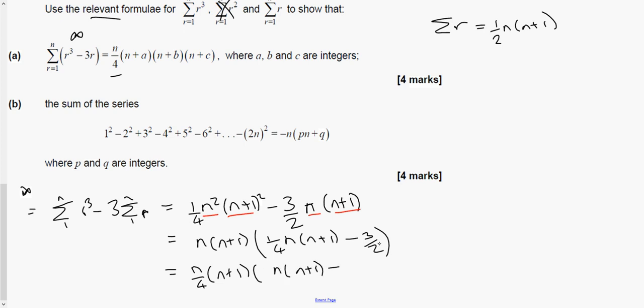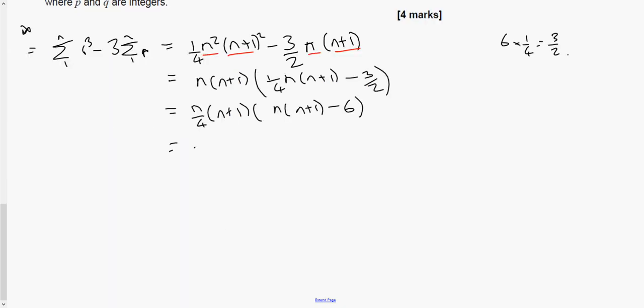Now, if I take a quarter out, in order to get 3 over 2, I'm going to need to change that to 6, because 6 times a quarter is 3 over 2. And then I'll just expand all that out.